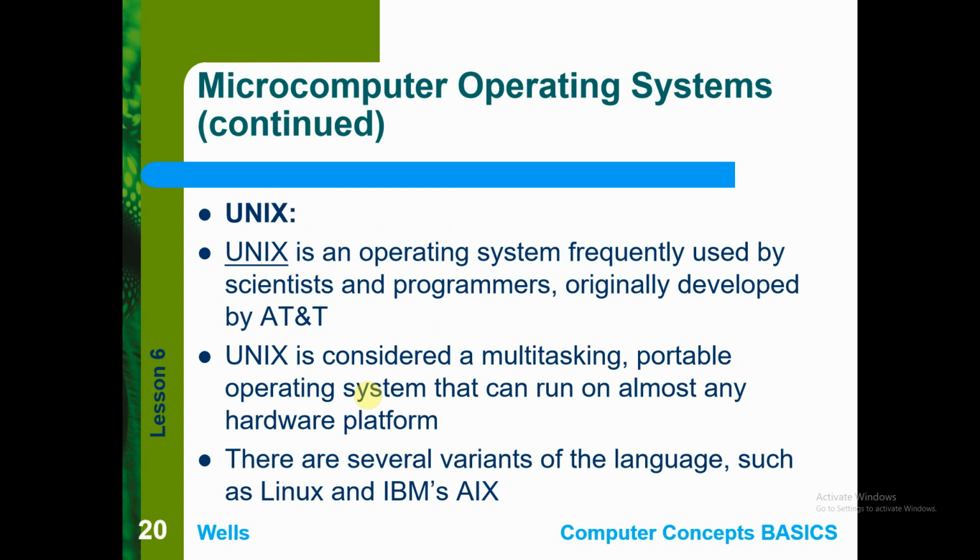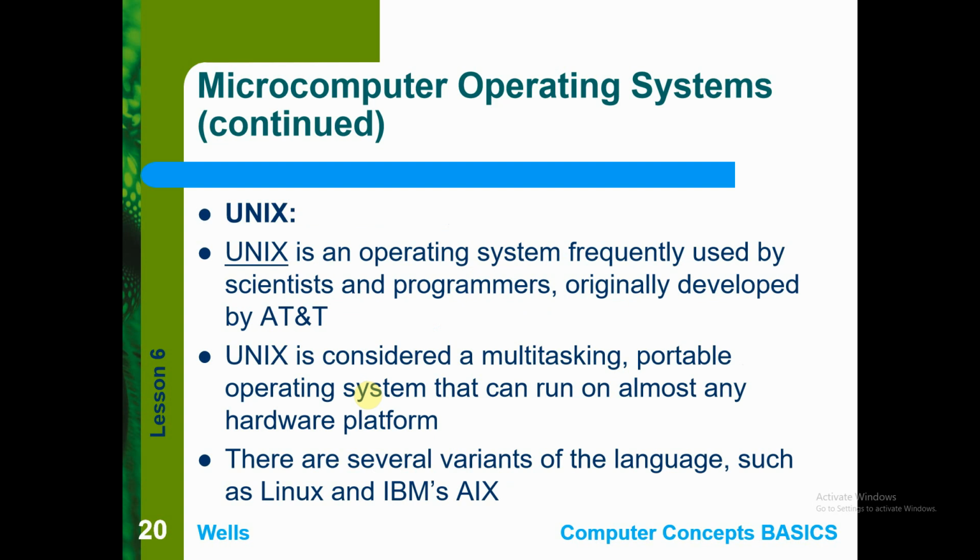As for Unix, the Unix OS is for science and programming, for specific functions, and was originally developed at AT&T. It was considered multitasking, portable, and can run on almost any hardware platform.